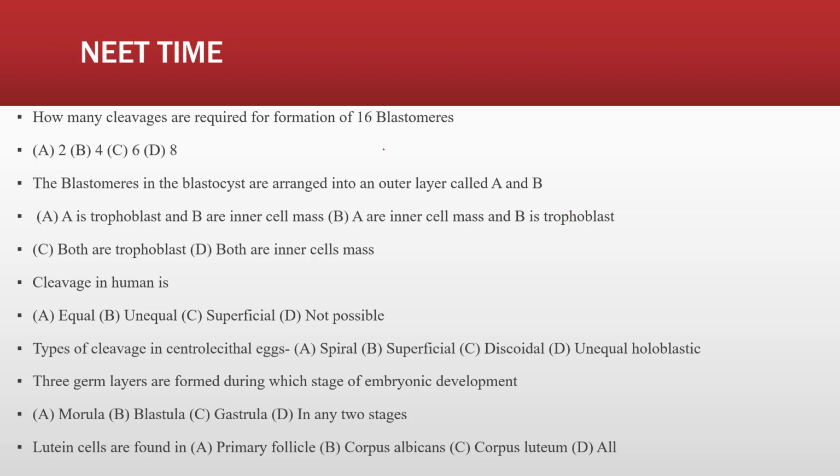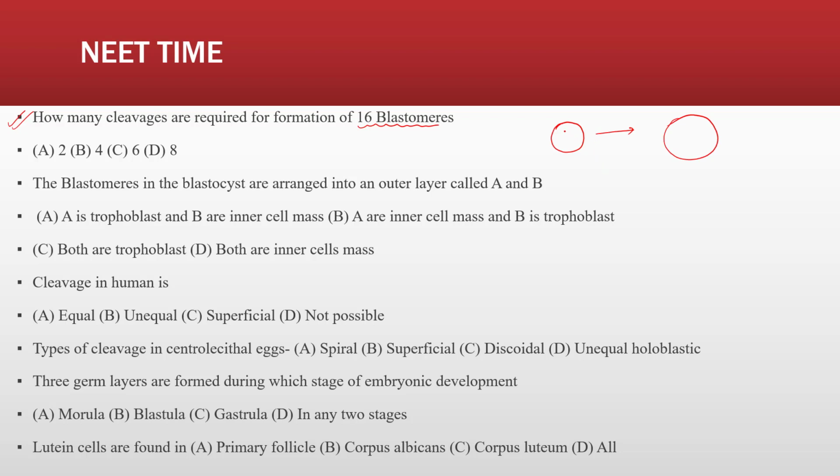Okay. So the very first question: how many cleavages are required for the formation of 16 blastomeres? You have to make 16 blastomeres, meaning a zygote needs to be converted into 16 blastomeres.